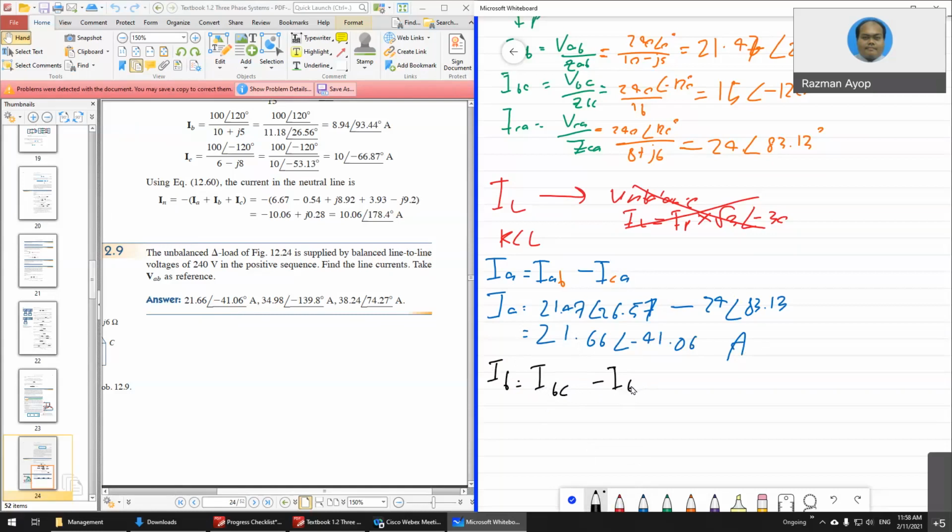IC is also the same, IC equals ICA minus IBC. Just insert the values. That is how you find the line current.